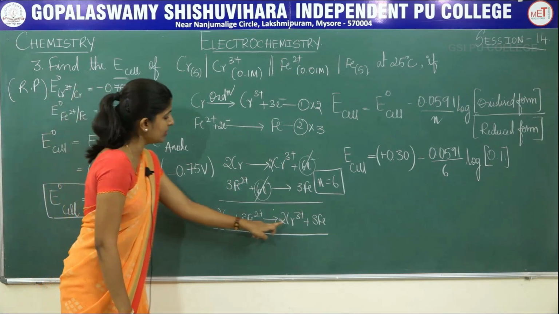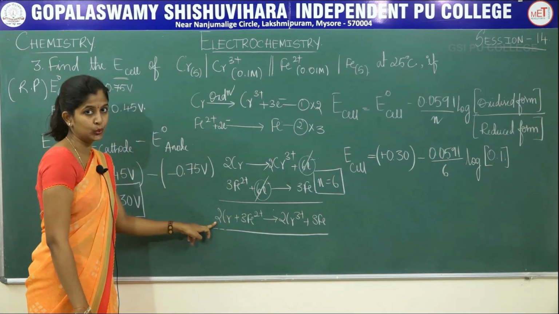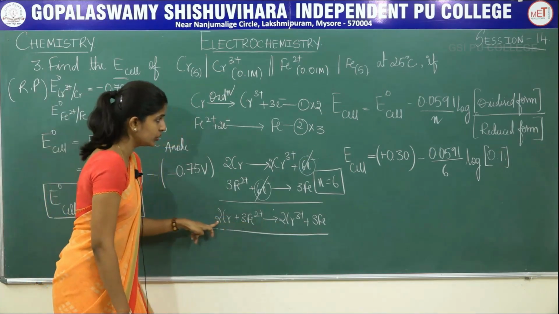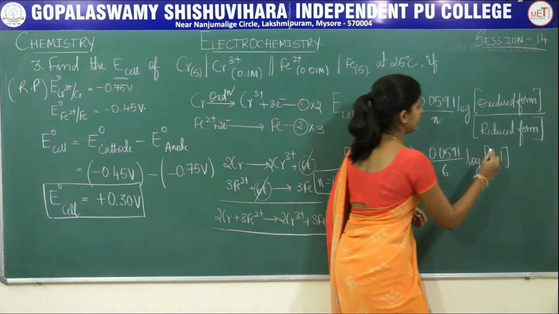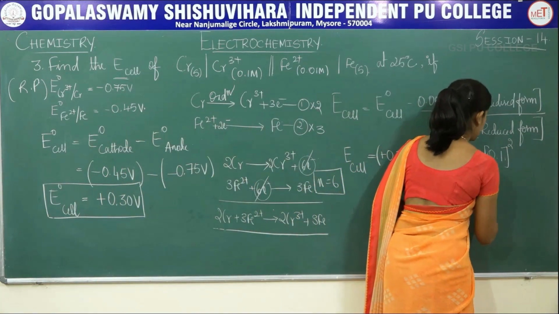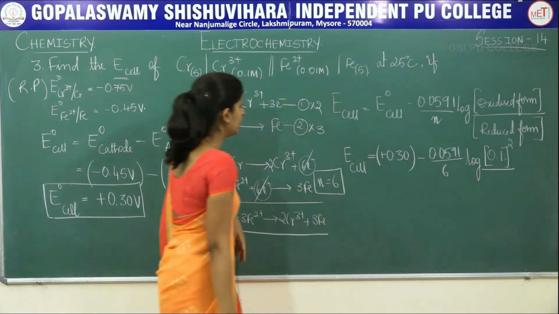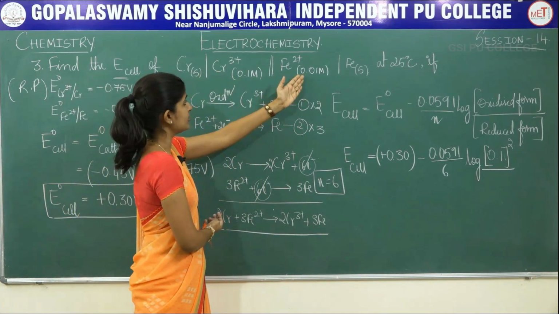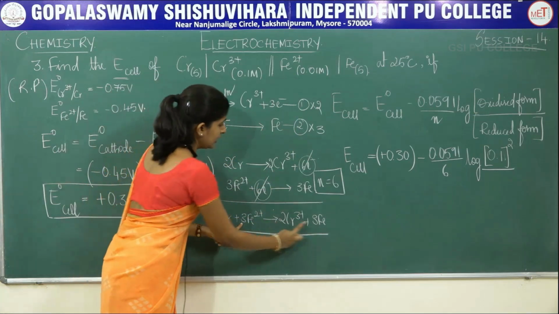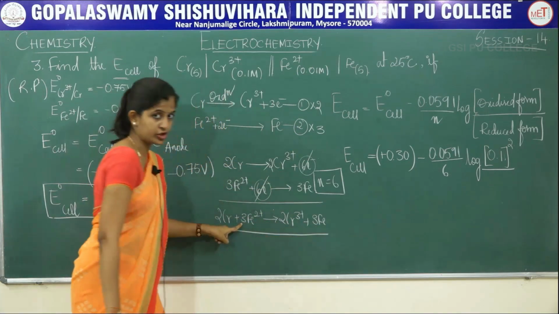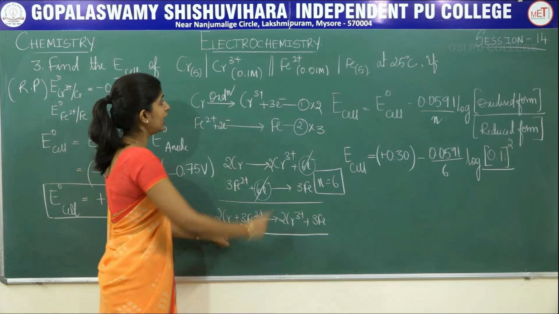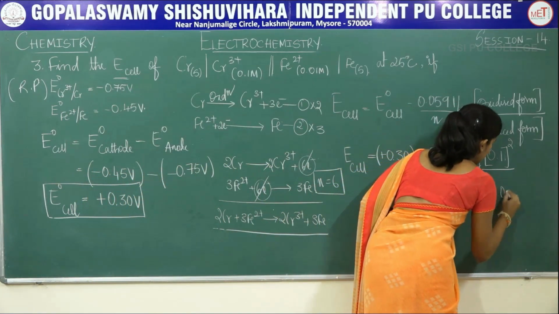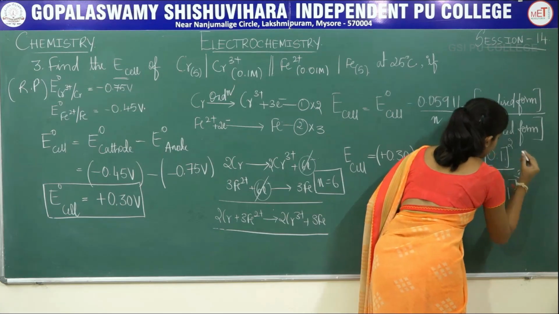You can observe chromium has been raised to the power of 2, which means its stoichiometric coefficient here is 2. So 0.1 raised to the power of 2, divided by the reduced form, which is undergoing reduction. Reduction is undergone by your iron. Iron has been accommodated with the stoichiometric coefficient of 3 and its molar concentration is 0.01. So it's 0.01 raised to the power of 3.